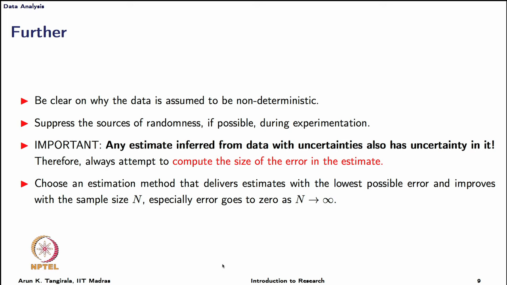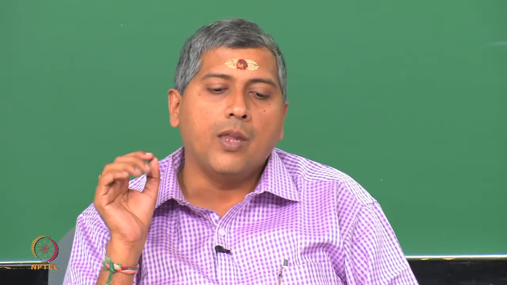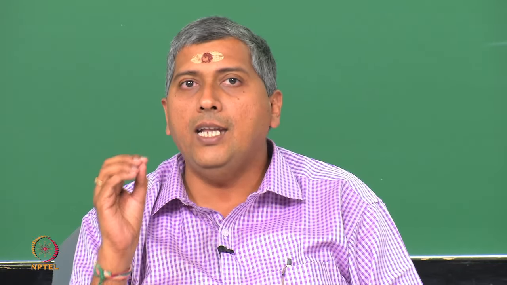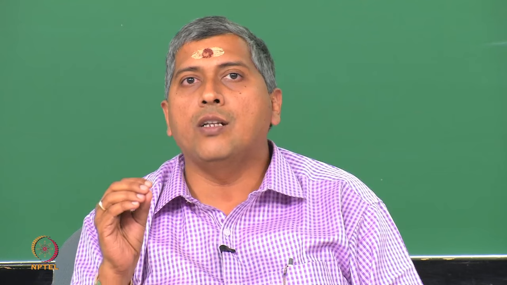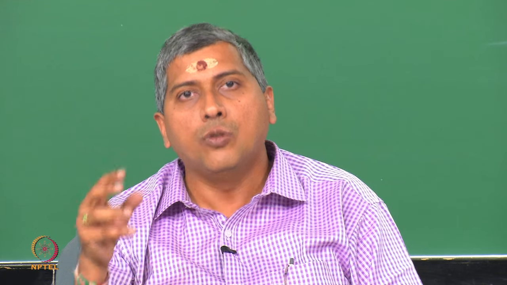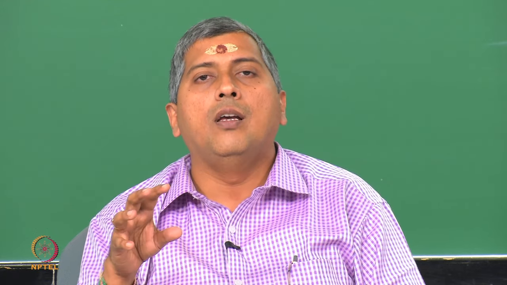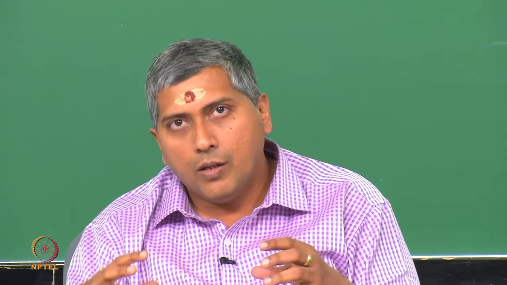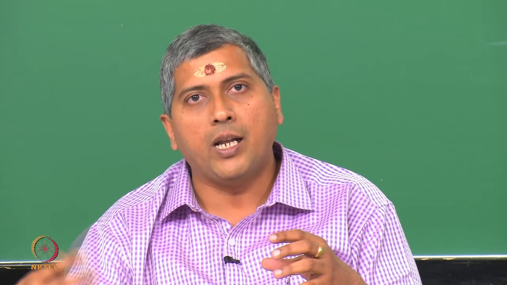The most important thing that people often miss out on, at least beginners, is that any estimate or any inference that I draw from data, and typically a lot of data is assumed to come out of a random or a stochastic process, those estimates or inferences are also random in nature, because you are putting through data which has uncertainty in it through some mechanism, some formula, some mathematical process.